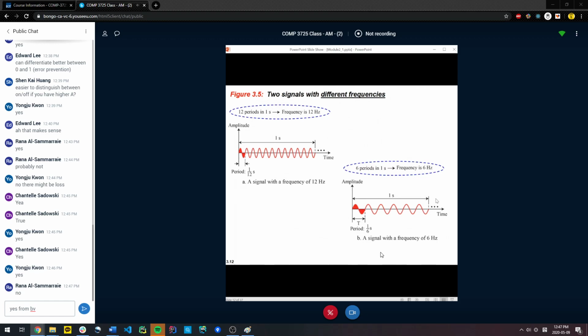Which means that if there's a change in amplitude, it will impact both logical 1s and 0s as much. So as long as it doesn't degrade to 0, which means Yongju can no longer count the number of peaks, he can safely determine whether there are 12 peaks versus 6 peaks every second that goes by, to determine whether it's a logical 1 or a logical 0. Does everybody see that?